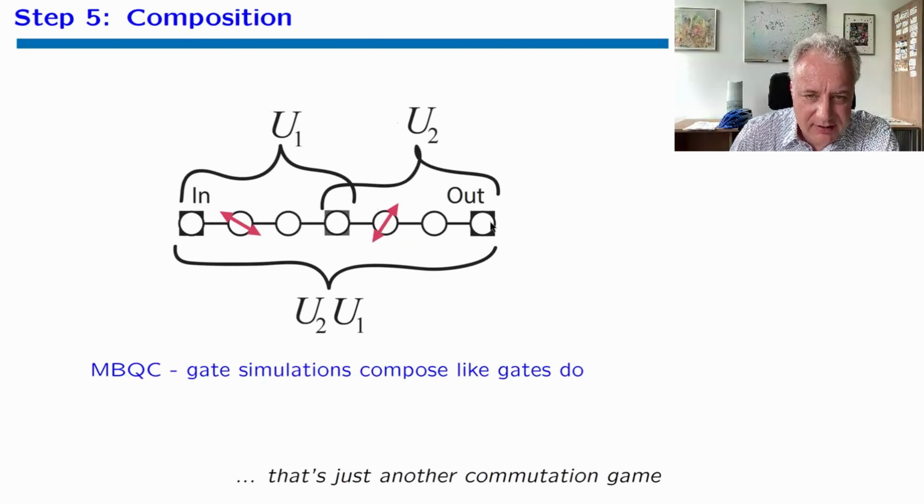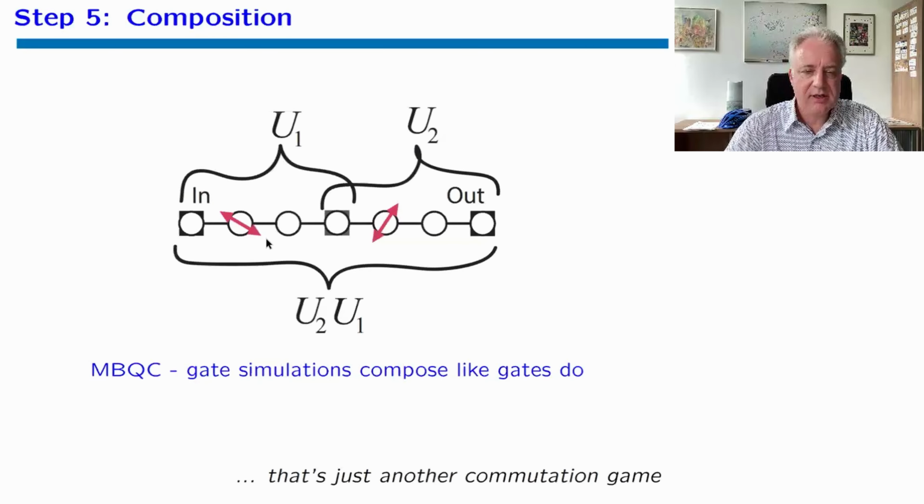Now I put them together, and what I want to show is that this combined pattern, stretching from left to right, realizes the combined operation U2 times U1. In simple words, we want to show that MBQC gate simulations compose like the gates compose.